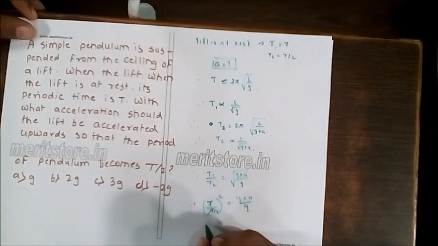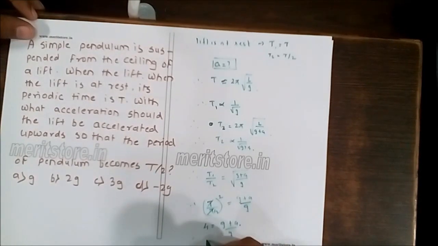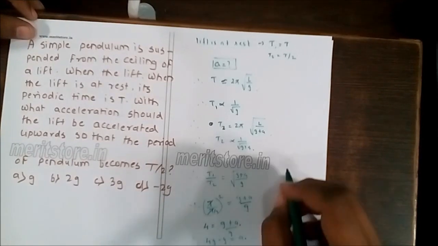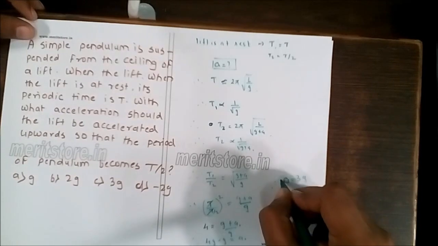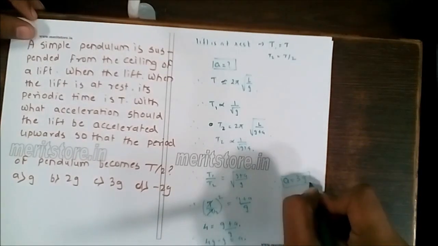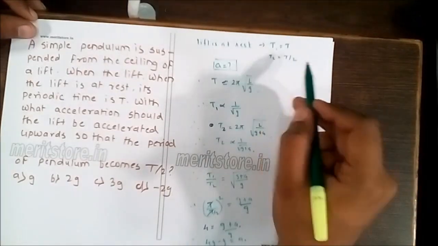T and T will get cancelled, this will become 4 is equal to g plus a upon g. Therefore 4g minus g is equal to a, so a is equal to 3g. So we require an acceleration of 3g in the upward direction so as to make the time period T by 2.